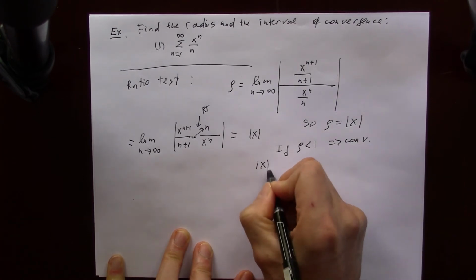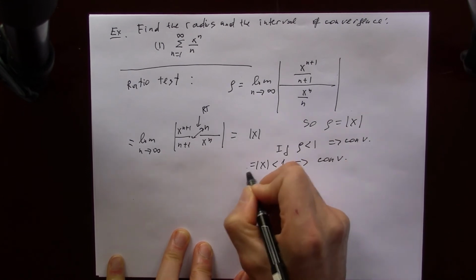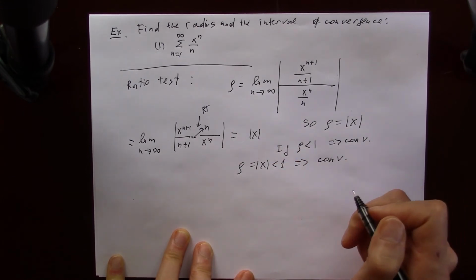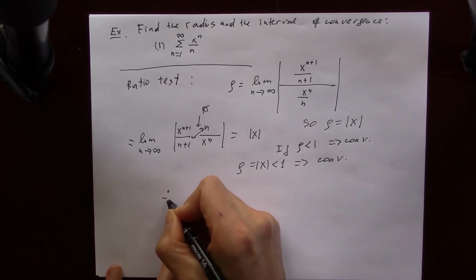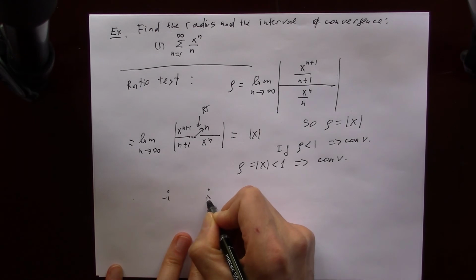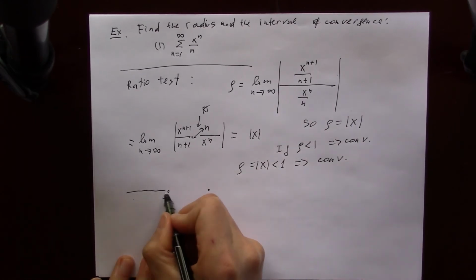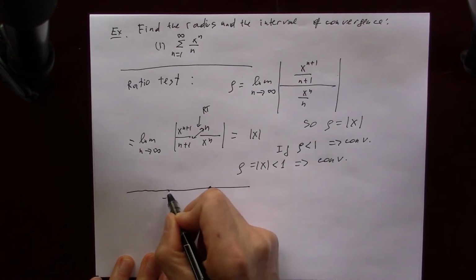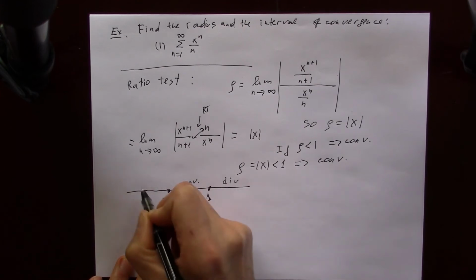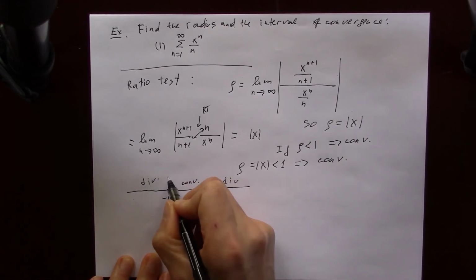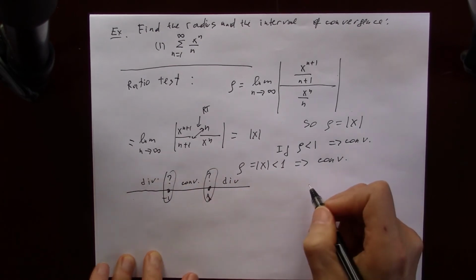So the absolute value of x less than 1 is convergent, because that is our rho. So what we've got is x equals -1 and 1. That's when the absolute value of x equals 1. So between these two it's going to be convergent, outside it's going to be divergent, and we have question marks for our boundary points.